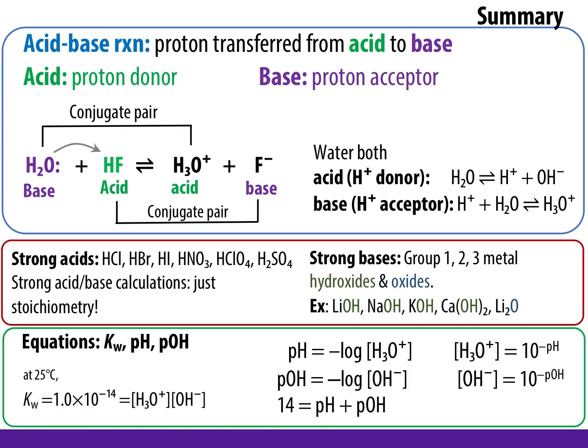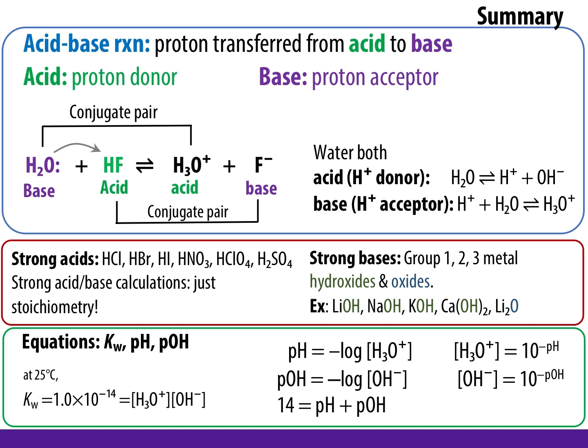This is the end of that first bit of acid-base content. Key things to know are on this slide. An acid-base reaction is always a proton transferred from the acid to the base, therefore making the conjugate acid and the conjugate base. So you should be able to identify conjugate acids and bases in a reaction, as well as, if you're given a particular substance, write its conjugate acids or bases.